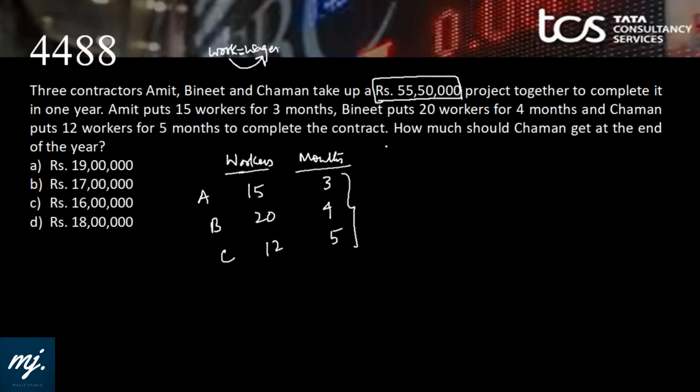Let's find the work done by this group. We know that M1 T1 by W1 is constant. For the work done, we can multiply M1 and T1 to get the effective ratios of their work done.